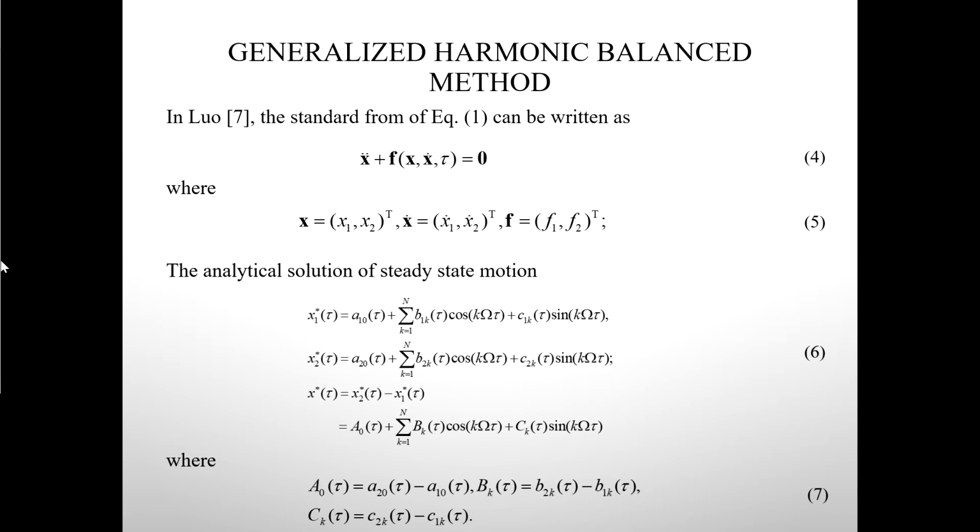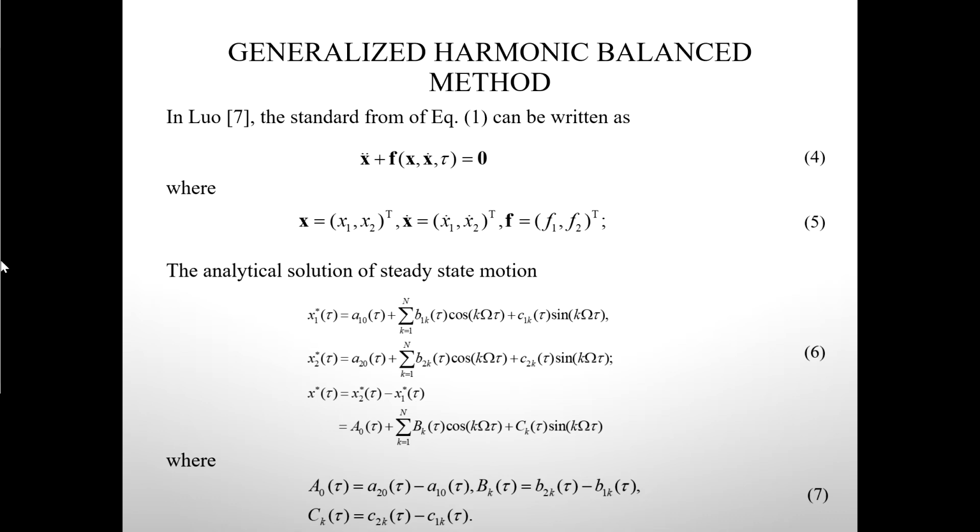The standard form of equation 1 can be written as x double dot plus f(x, x dot, tau) equals 0, where x equals [x1, x2] transpose, x dot equals [x1 dot, x2 dot] transpose, and f equals [f1, f2] transpose.